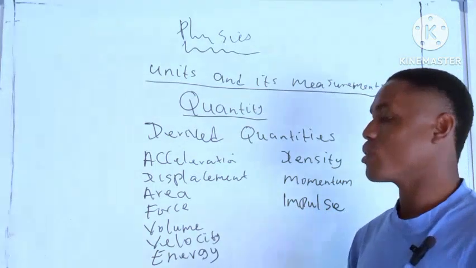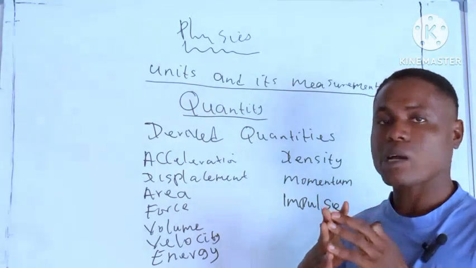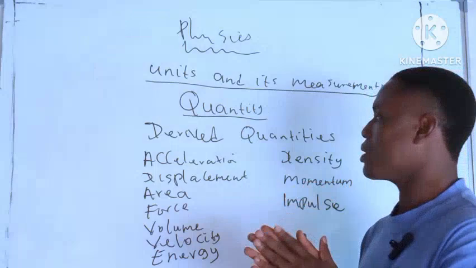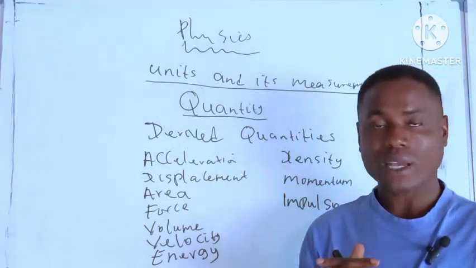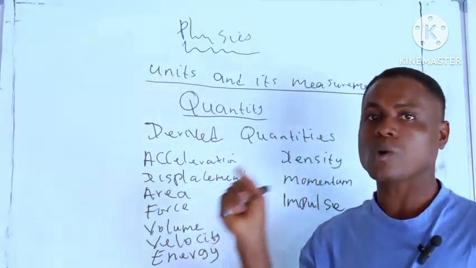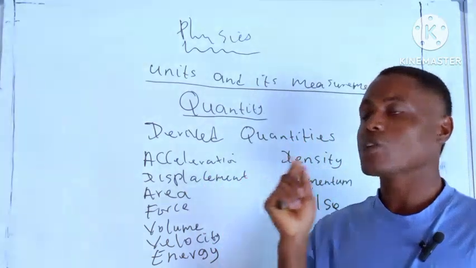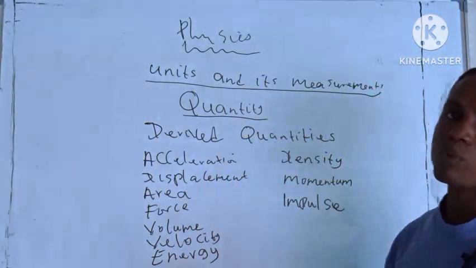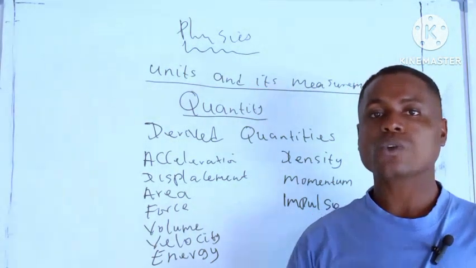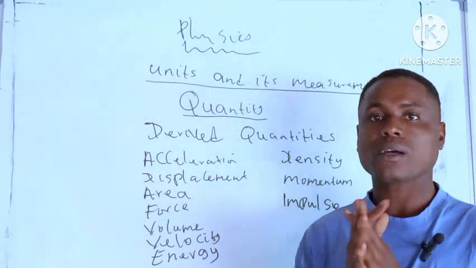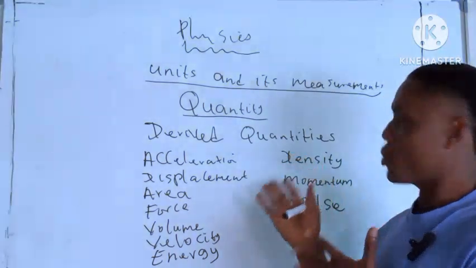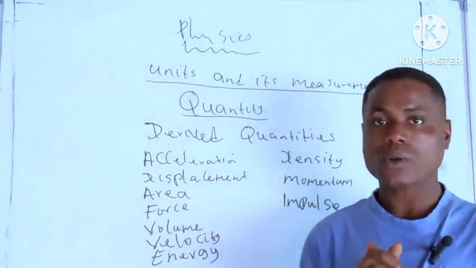You just try to mix the examples of both fundamental quantities and derived quantities. They will now ask which of the following is a derived quantity or which of the following is a fundamental quantity. So you have to know these examples, it is very important, and know the examples of the fundamental quantities so you can easily answer those types of questions under quantity.